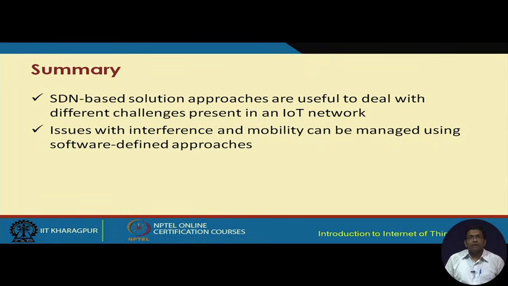Again to sum up, SDN based solutions are useful to deal with different challenges present in an IoT network. In the first part we talked about IoT in the context of sensor networks and small powered, small IoT devices, and in the second part we talked about IoT in the context of mobile networks, mobile devices and so on.